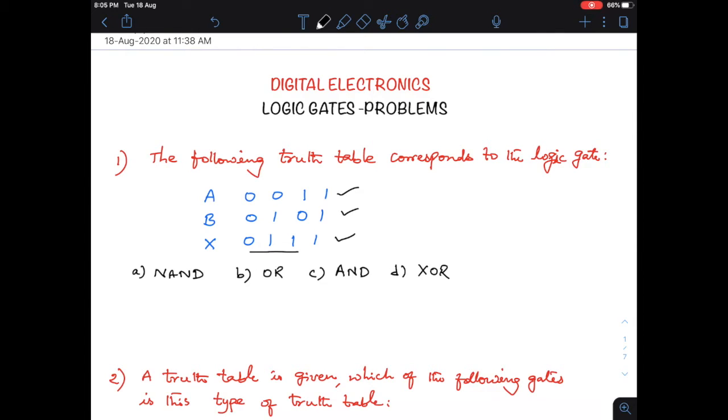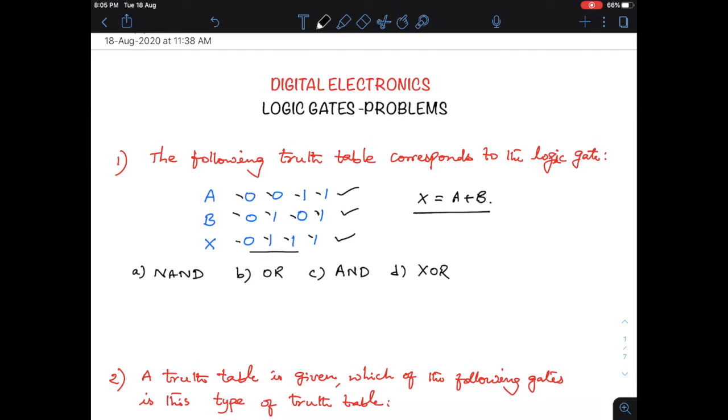Now, when you look at the observation, you can see A, B inputs are given and X is output, which is given in a horizontal direction, unlike in vertical direction. Now, as you can see, X is A plus B. When you look at your X, 0 plus 0 is 0, 0 plus 1 is 1, 1 plus 0 is 1, 1 plus 1 is 1.